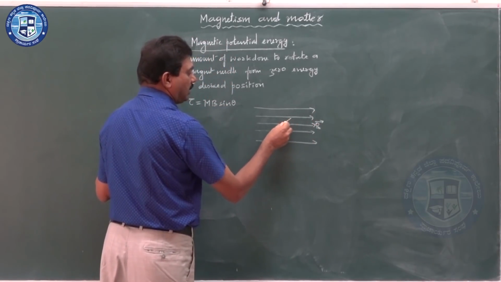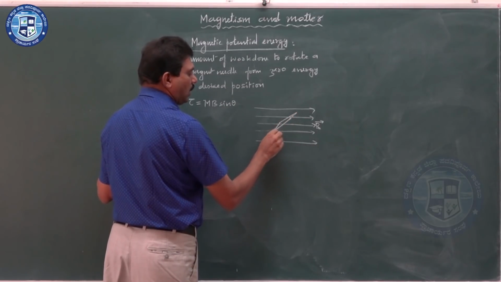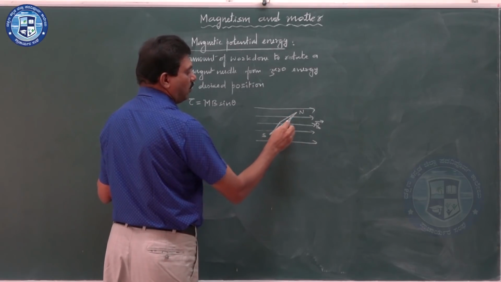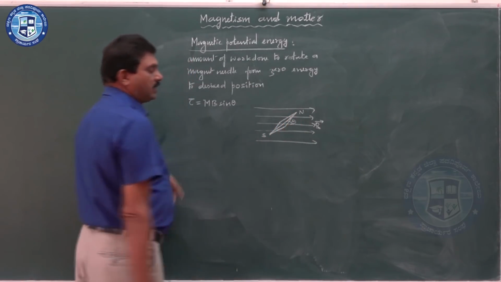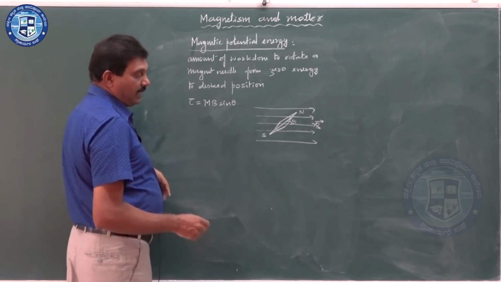Now this is the magnetic needle. So the torque acting on the magnetic needle, say this is north pole, this is south pole, this angle is taken as theta. So torque acting is given by this formula m B sin theta.